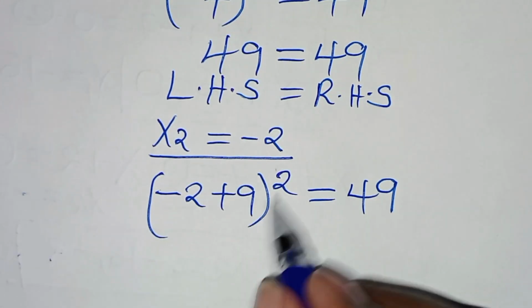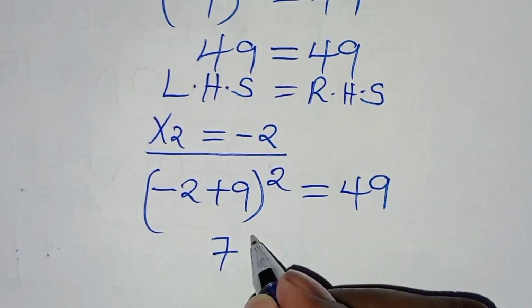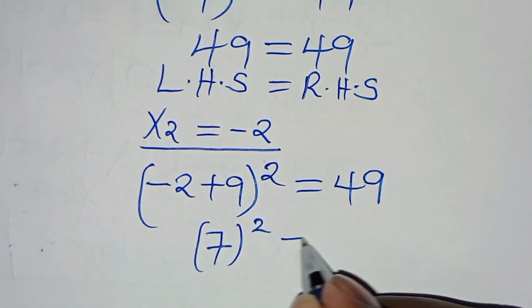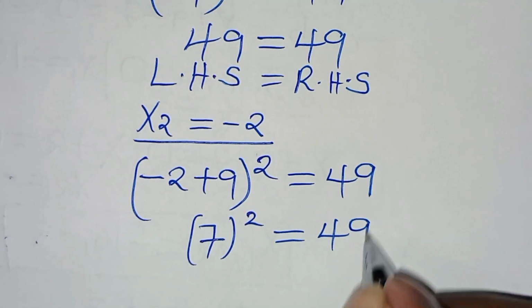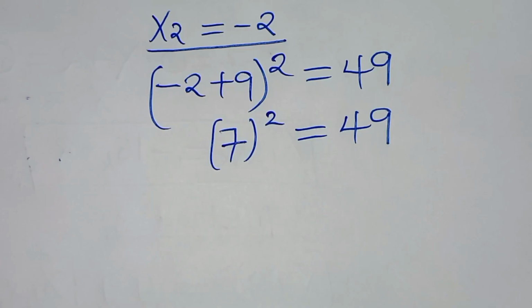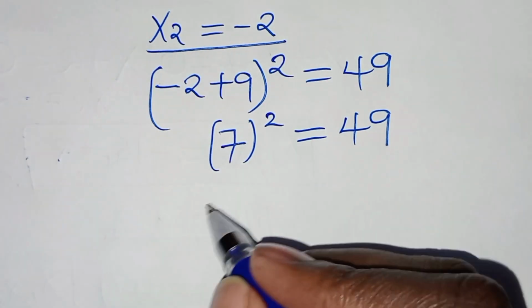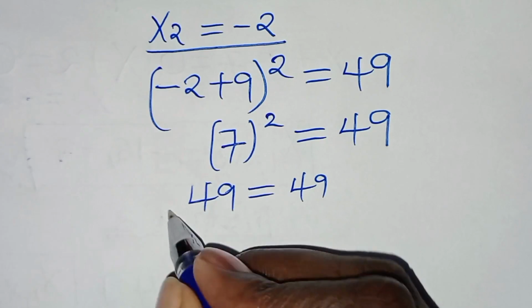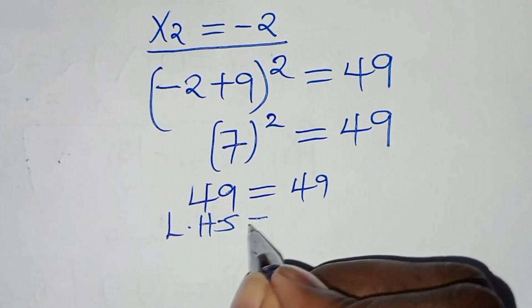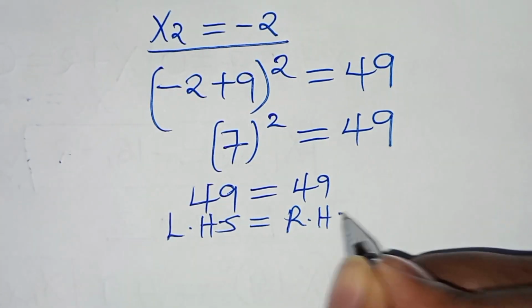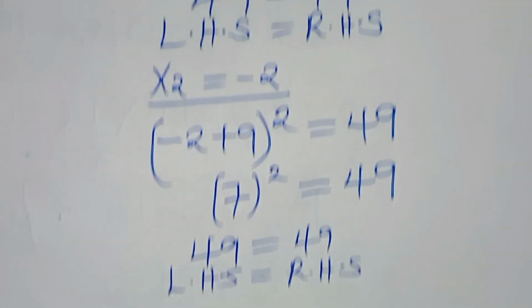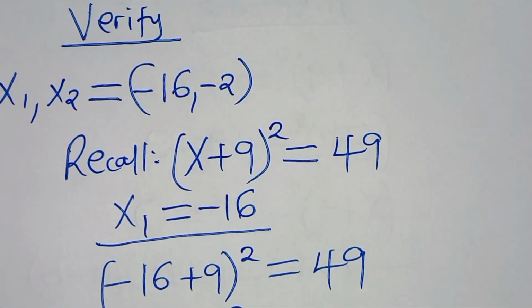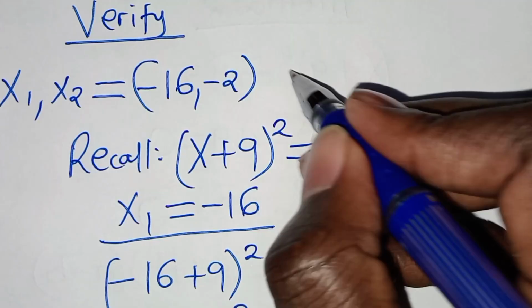So minus 2 plus 9, this is 7 raised to power 2. This is supposed to give us a value of 49. Now this implies that 7 squared, this is equal to 49. So this implies that the left hand side is equal to the right hand side. And this implies that x1 and x2 satisfies the equation.